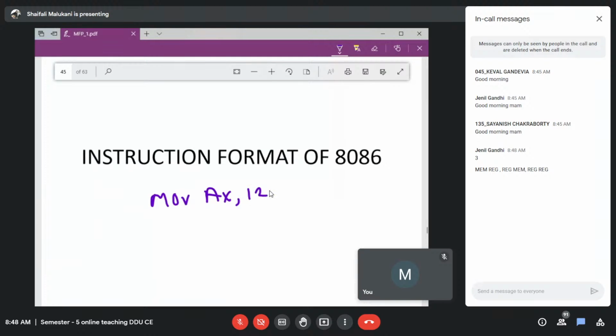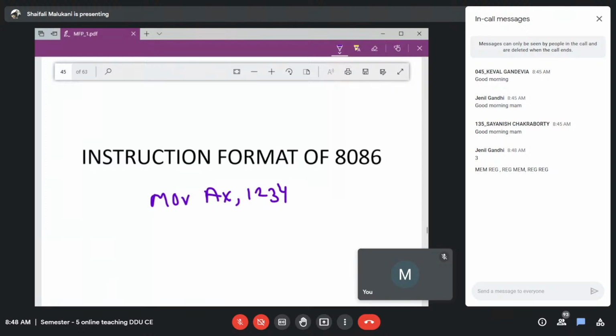Yes, these are the options. That is true, Jenny. Memory to register, register to memory, register to register, and the immediate one. Immediate is also remaining. What I have written is an immediate one, right? So immediate to register, immediate to memory is also a possible combination. So let us start with this.